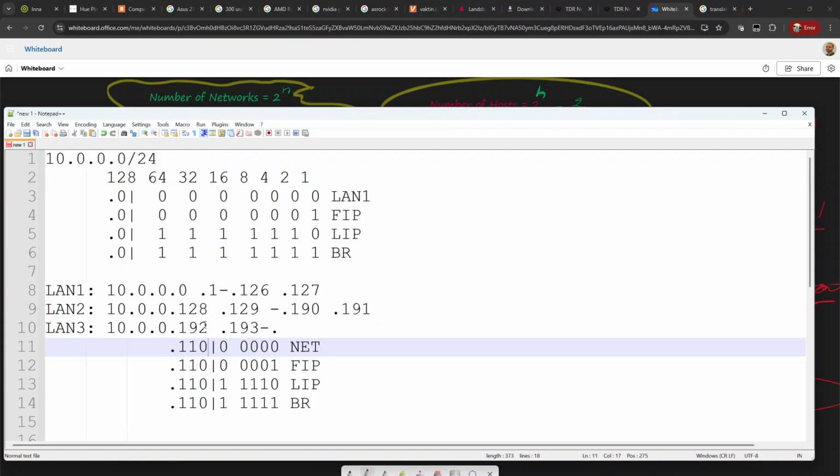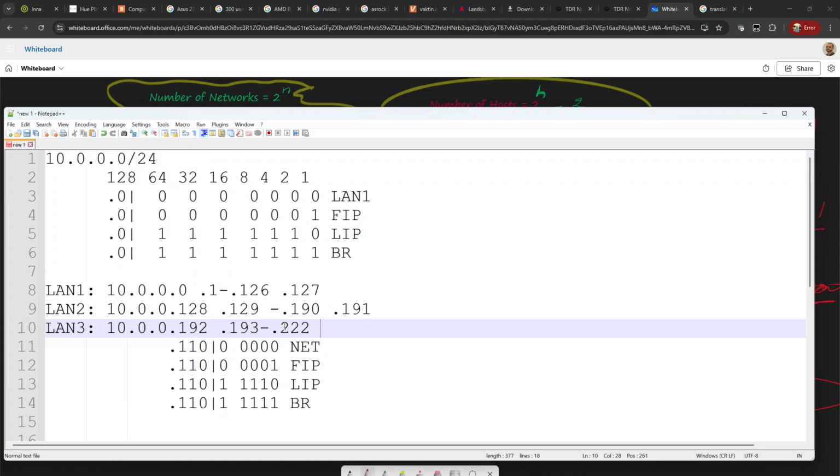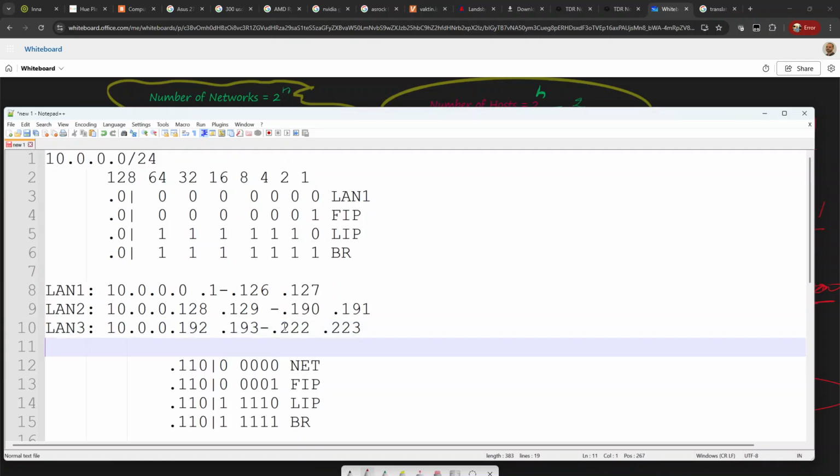So 192 plus 30 is 222. And then 223 is the broadcast. And the next available subnet for us, if we need more than one network, or we can reserve them for future growth, is 224 right there.